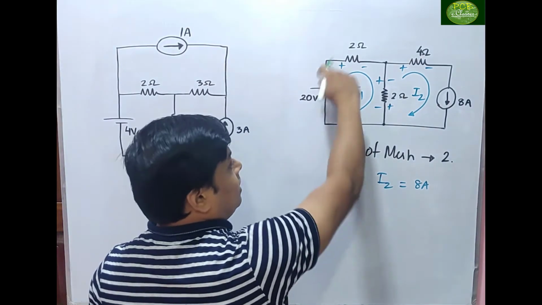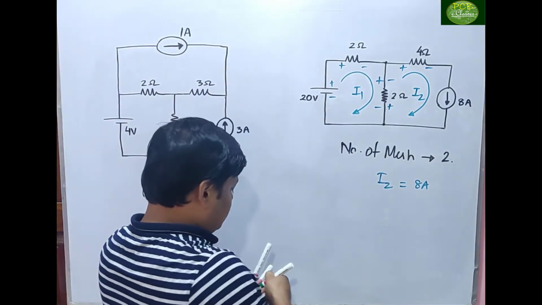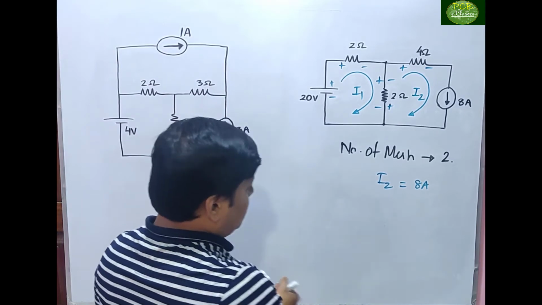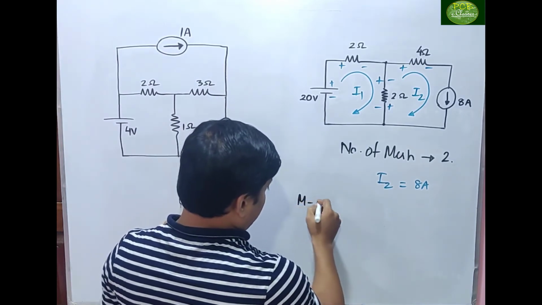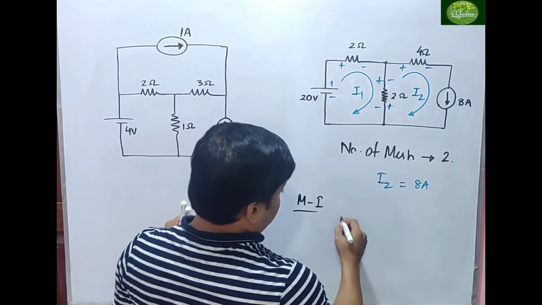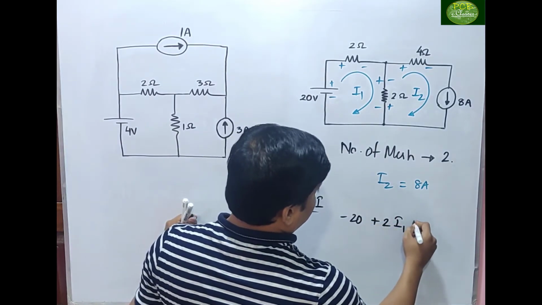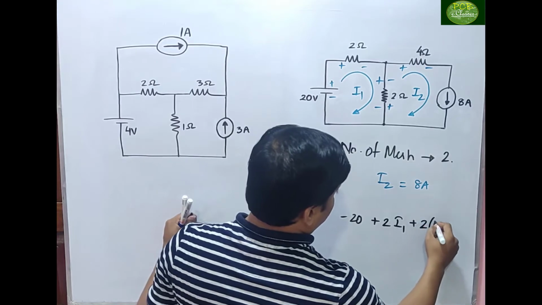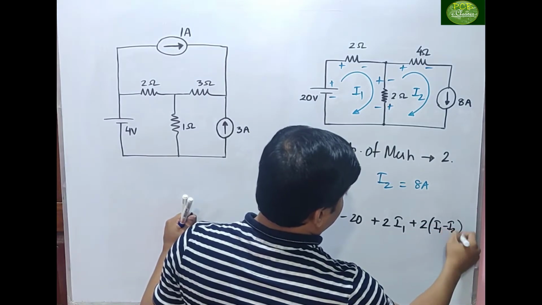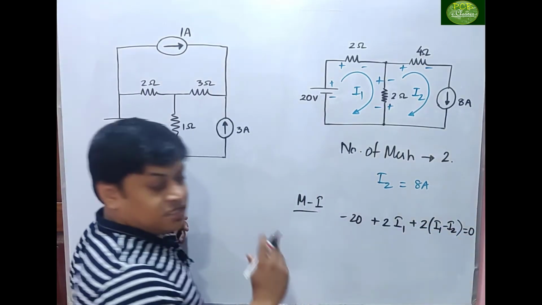Now apply KVL in mesh 1. So what is the mesh 1 equation? It is minus 20 plus 2I1 plus 2 into (I1 minus I2) equals 0. This is my KVL equation.